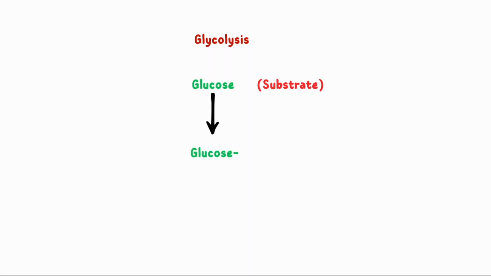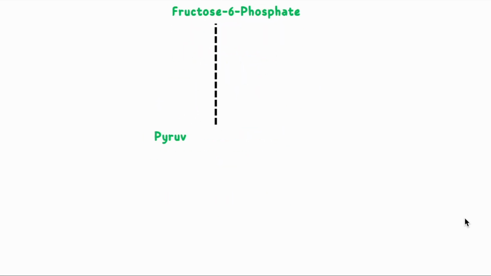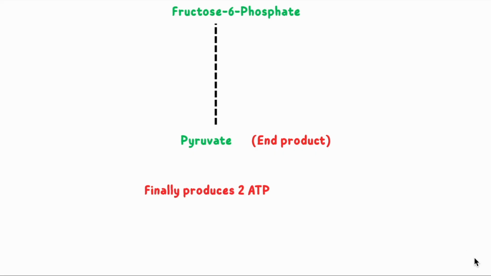Glucose, with the help of various enzymes, undergoes a series of chemical reactions forming many intermediates like glucose 6-phosphate, fructose 6-phosphate, and finally produces the end product, that is pyruvate and energy currencies like ATPs, which are used for other cell metabolic activities.